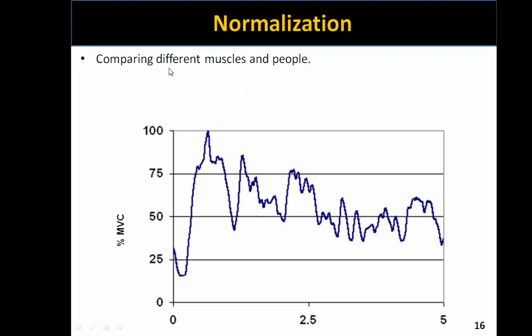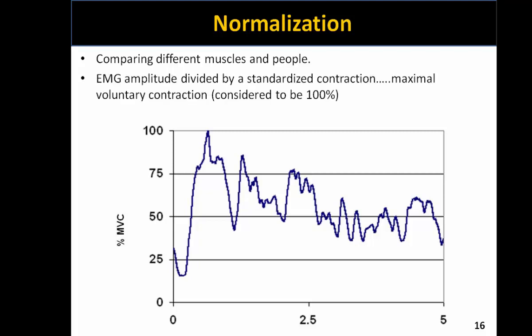Each muscle in one person will generate a rather unique EMG signal, but comparing the raw signal or the full wave rectified signal from one muscle to another muscle is tantamount to comparing apples to oranges. So that won't work.